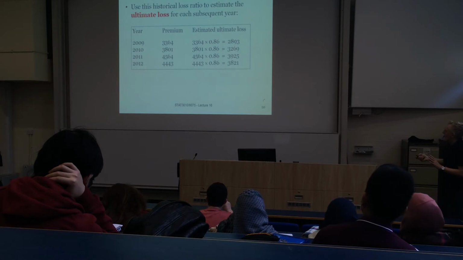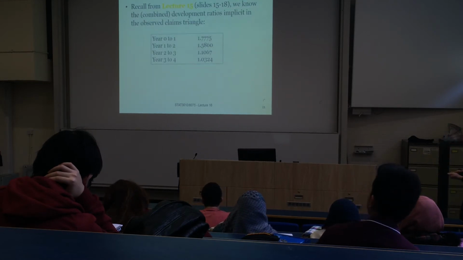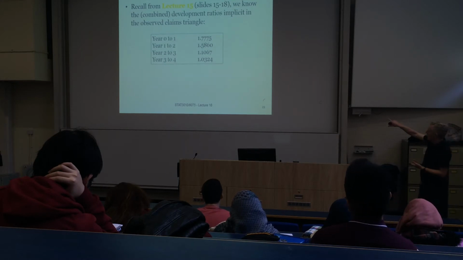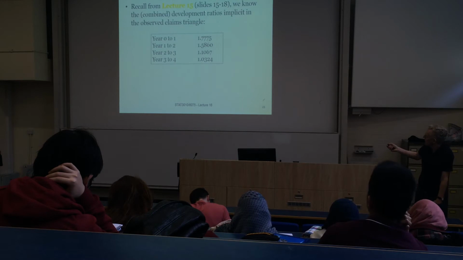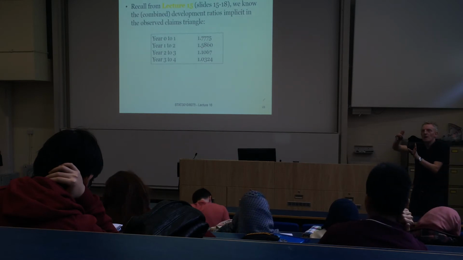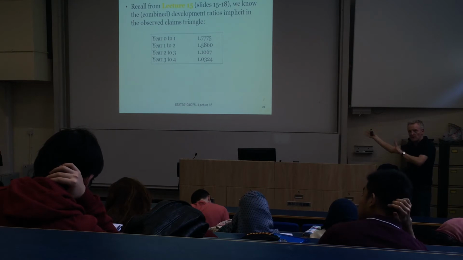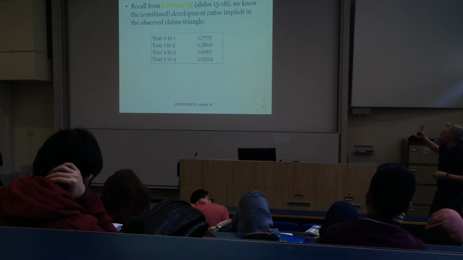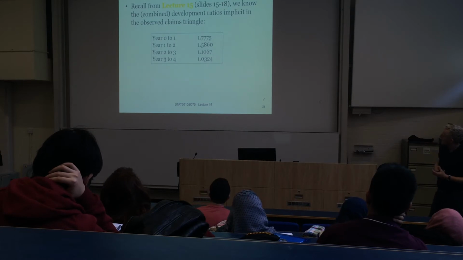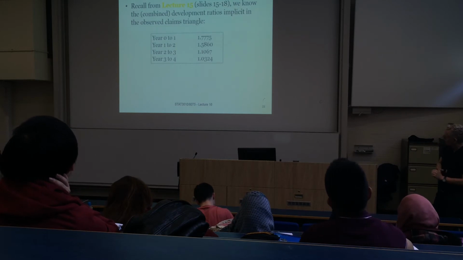Okay. Next step, calculate the development factors. We've done this already, we did this on Friday. Here I'm just setting aside inflation. I'm not bringing that in to confuse things here. In practice, you probably would. So these were the development factors that we calculated back on Friday.